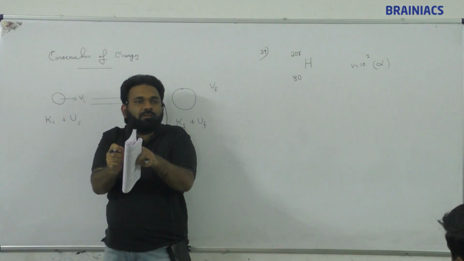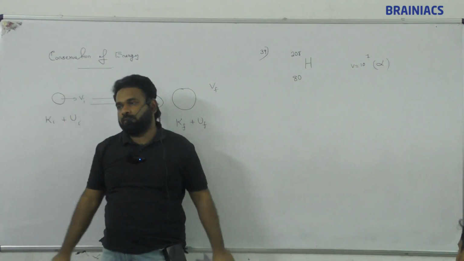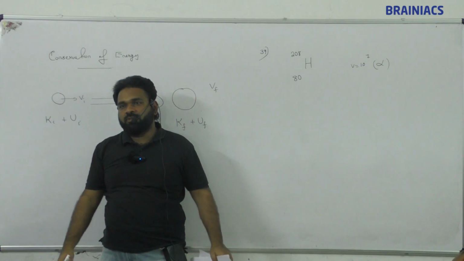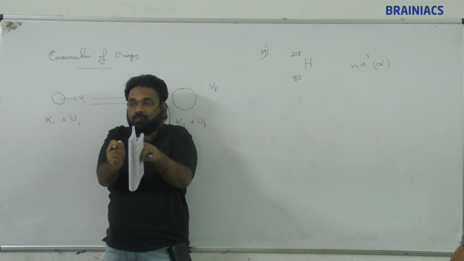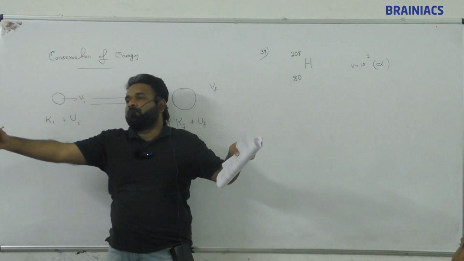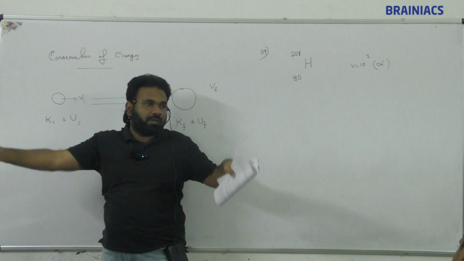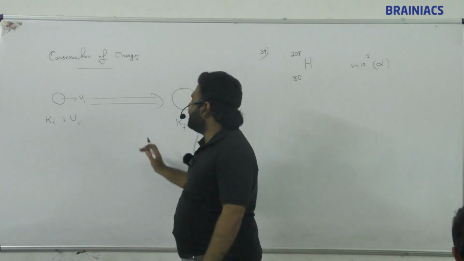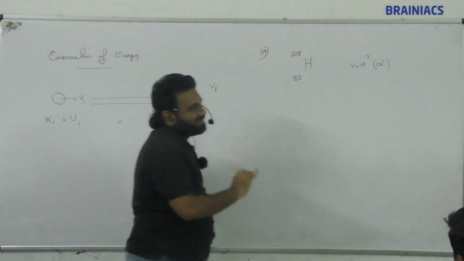Same way with two masses: gravitational potential energy and kinetic energy initially, then they are separated, final kinetic energy and final gravitational potential energy. These both will be equal. This is conservation of energy. Simple concept.